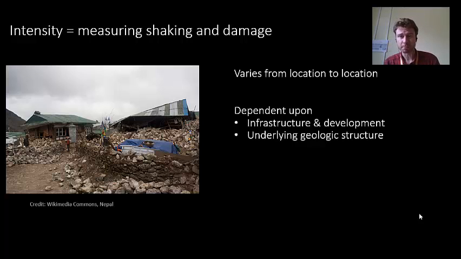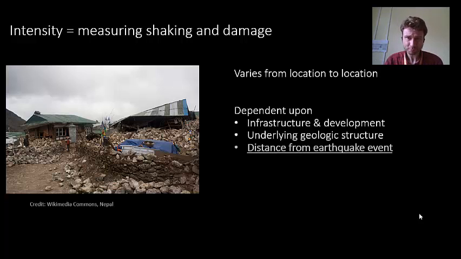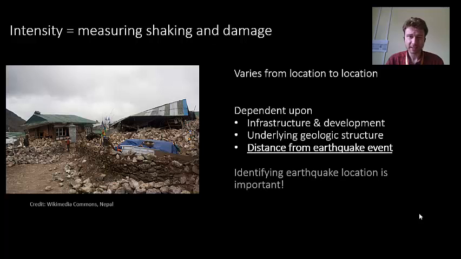Remember, structure being one of our key components when we think about the geosphere. But finally, the main controlling factor is really the distance from the earthquake event.